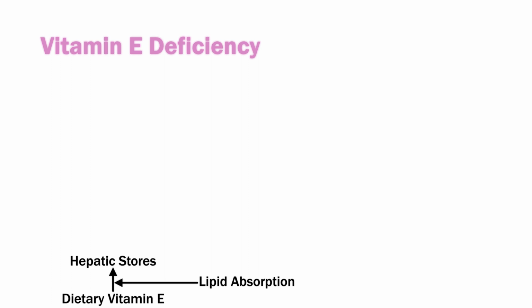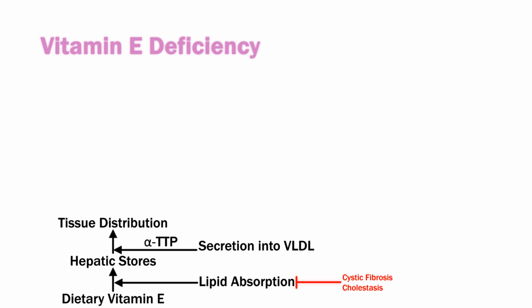Instead, vitamin E deficiency is either seen in association with disorders of fat absorption or vitamin E processing and distribution. Fat malabsorption syndromes such as cholestasis, pancreatic insufficiency, and in particular cystic fibrosis can lead to vitamin E deficiency. A third of the body's vitamin E is stored in the liver, and it's then distributed in very low density lipoproteins throughout the body.